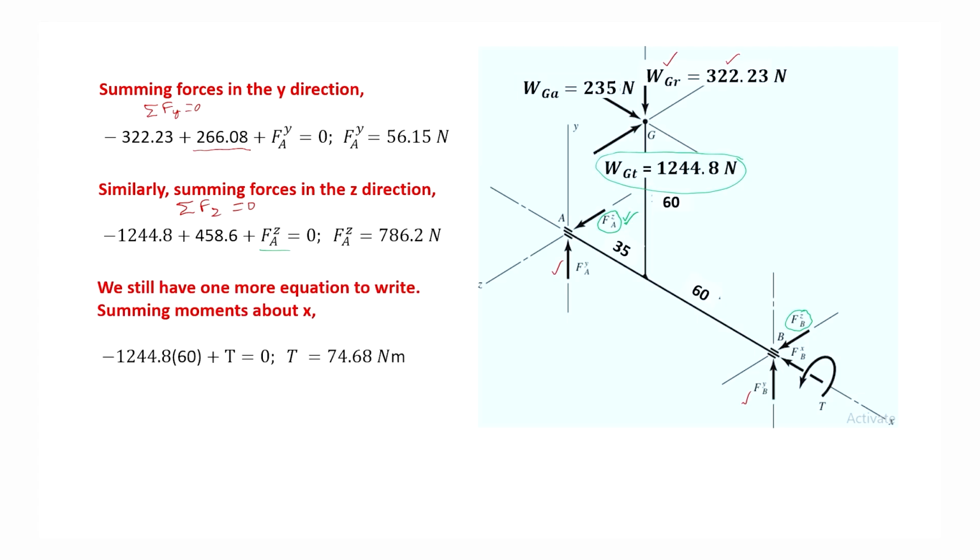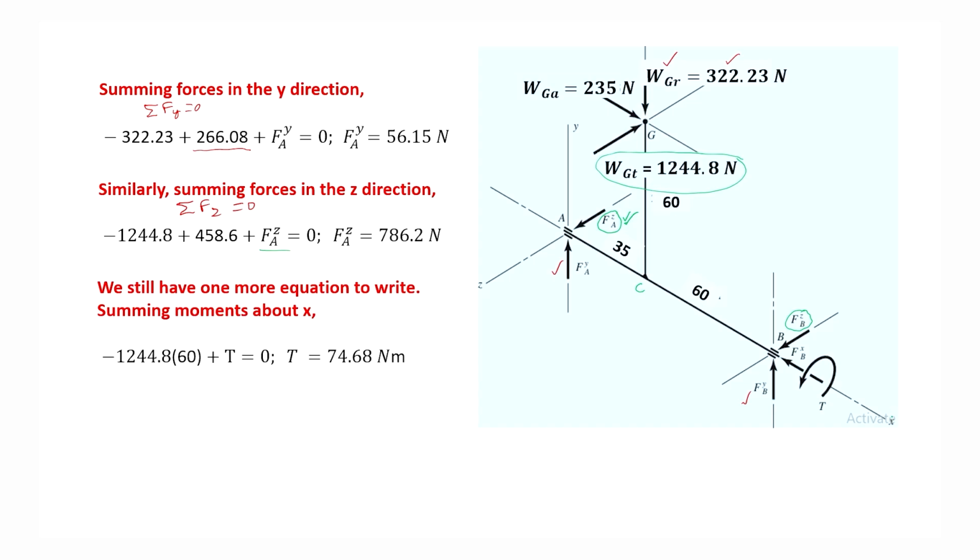Now, we still have one more equation to write, summing moment about x-axis. Moment about x-axis provides us the torque. That means, the tangential force is your 1244.8 Newton and it is trying to rotate the x-axis by an amount equal to WGT and distance GC, which is 60, and this is trying to rotate in this way.